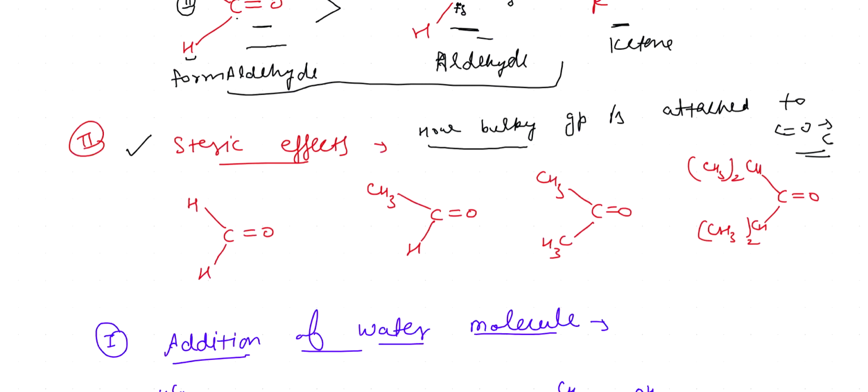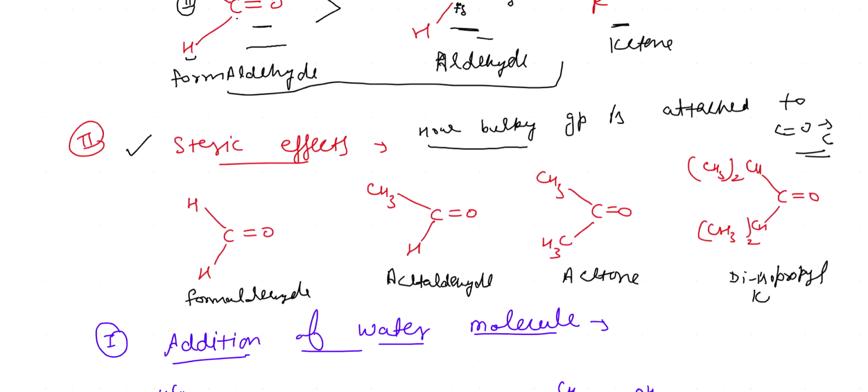This is your formaldehyde, acetaldehyde, acetone. This is diisopropyl ketone. Clear?